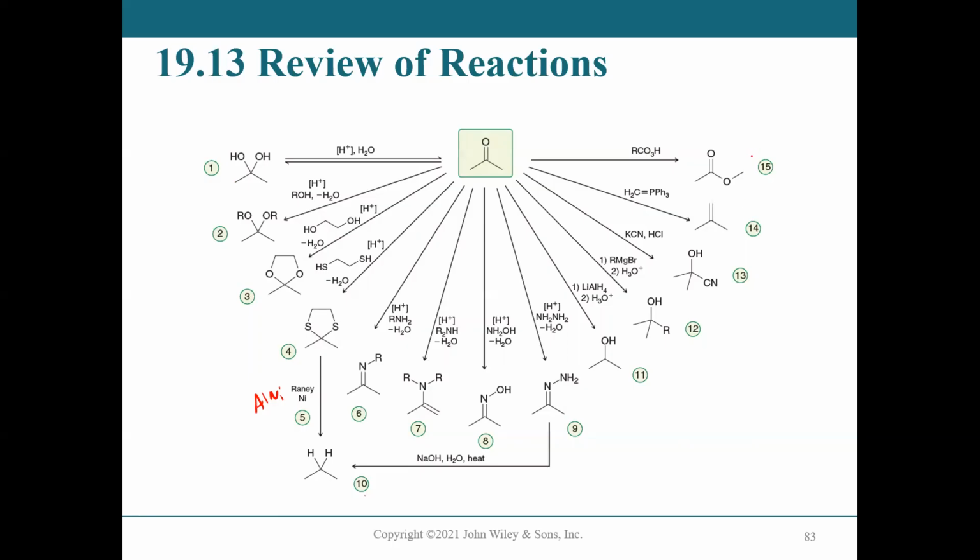And 15 is your Baeyer-Villiger oxidation. And this can all be found on page 887. So if you want some help identifying all these numbers, please go to page 887.